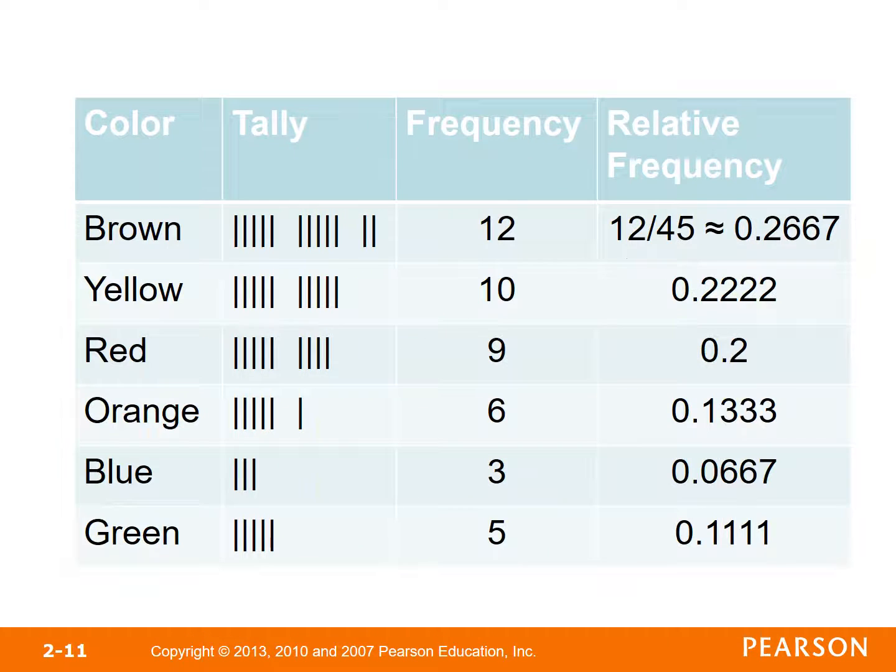We're going to add a relative frequency to that. You could leave it in fraction form, which is an exact form, or you can write it in a 4-place decimal. Decimals are always considered an approximate number, whereas the fraction is the exact number.